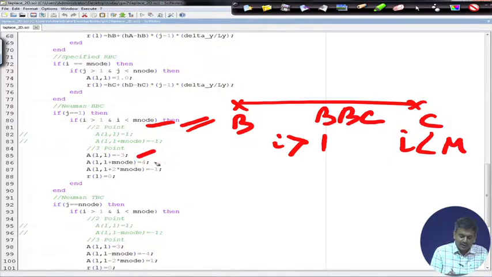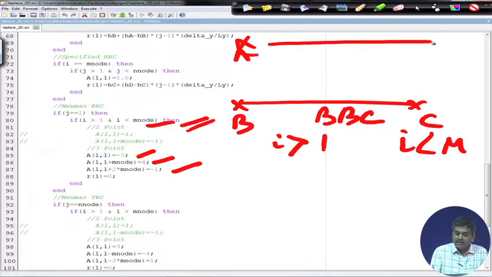If you have the top boundary condition, similarly we can exclude the A point and D point. So, i is again running from 2 to M minus 1, more than 1 and less than M.